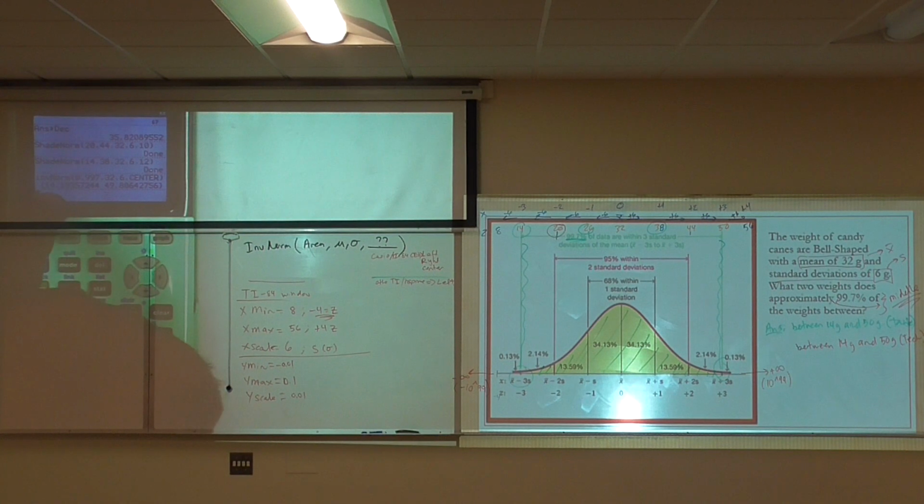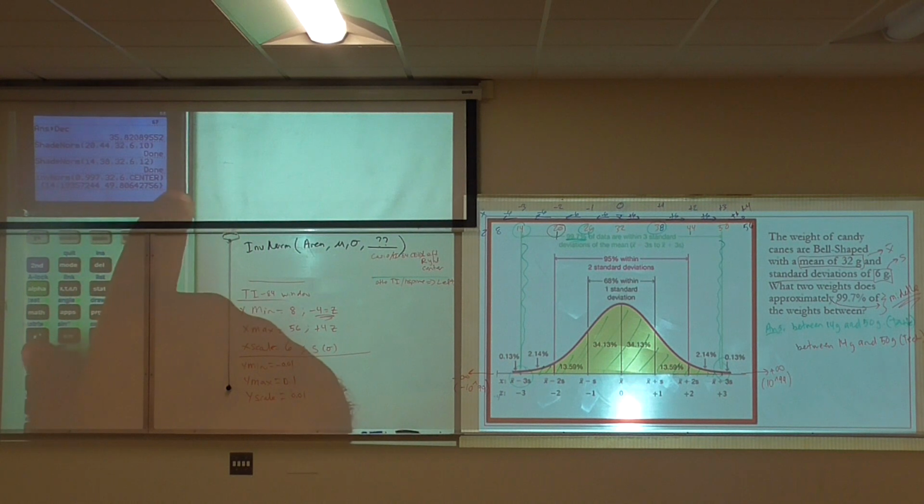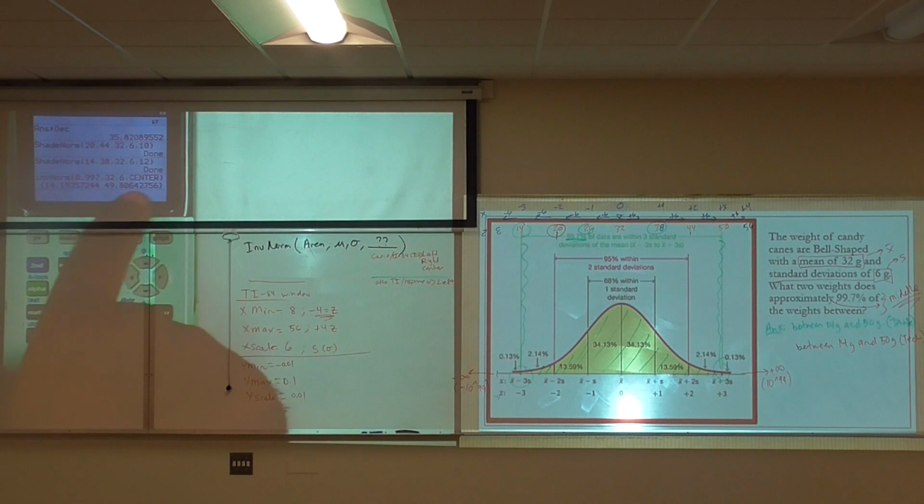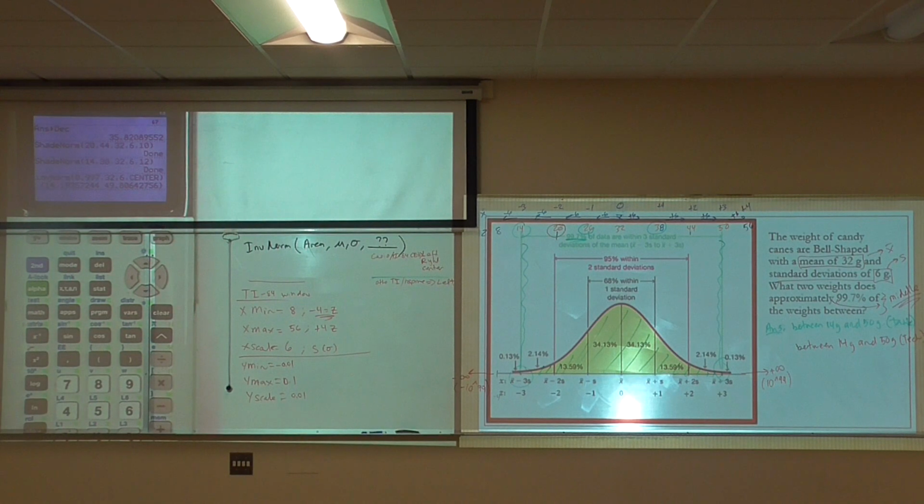When I round this to the nearest value, I'm still getting 14. And here's my upper, 49.806 and on. Rounding this to the nearest candy, I'm also getting 50. Remember, these are guesstimations because we're talking about amounts. So therefore we have the same answer. That is amazing.